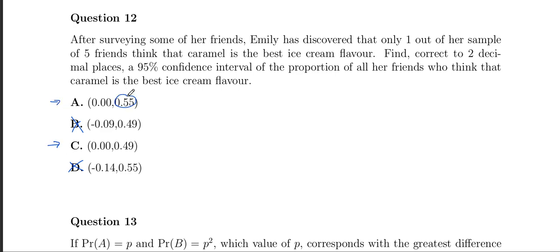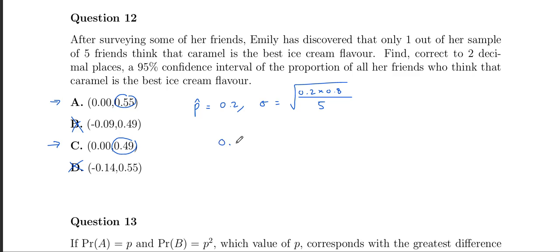So let's see whether the upper limit of the confidence interval is 0.55 or 0.49. So p is equal to 1 over 5, which is 0.2, and the standard deviation is equal to the square root of 0.2 times 0.8 over 5.